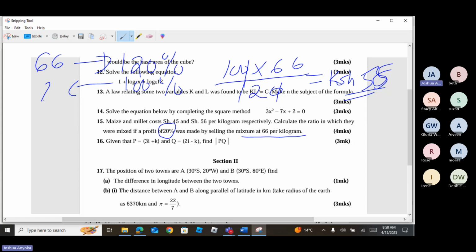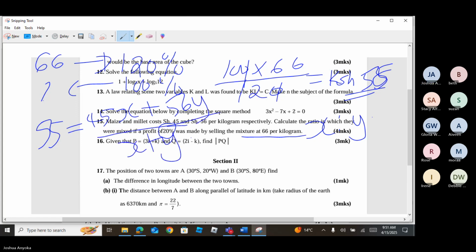How do you find the cost of the mixture? So you say 55 is equal to, you let the ratio be x is to y, so it will be 45x plus 56y over x plus y. That's how we get the cost of the mixture, which is 55.